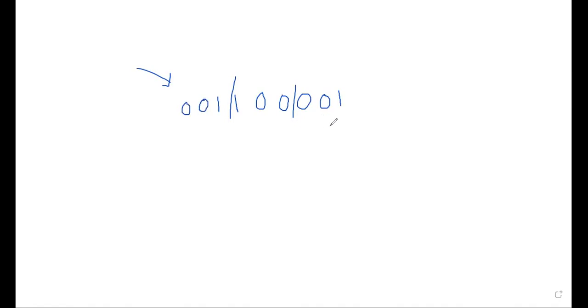So now here you will get 1, here will be getting 4, and here 1. So the answer will be what? The answer will be 141. Right, then moving forward to the next question.